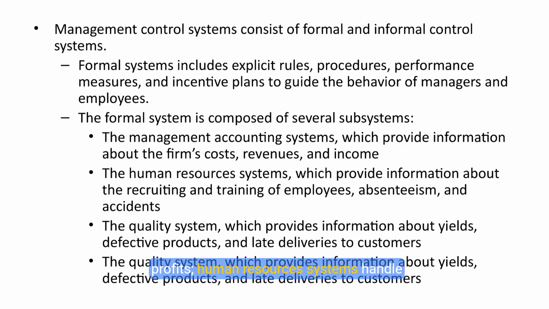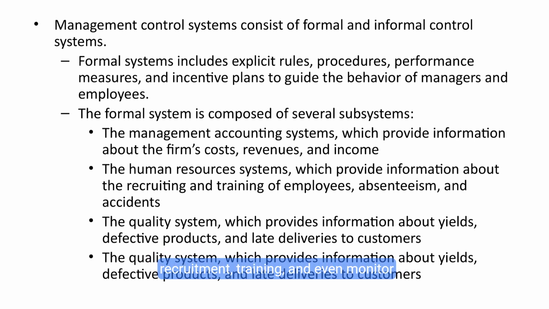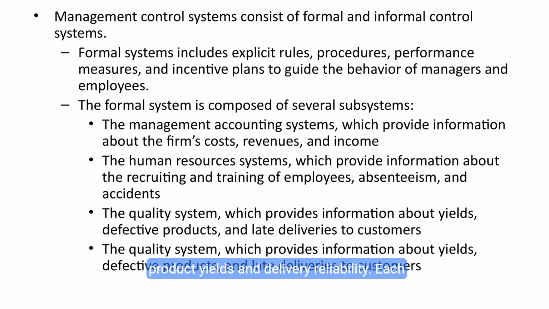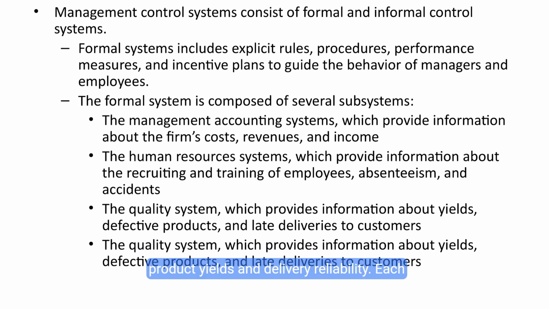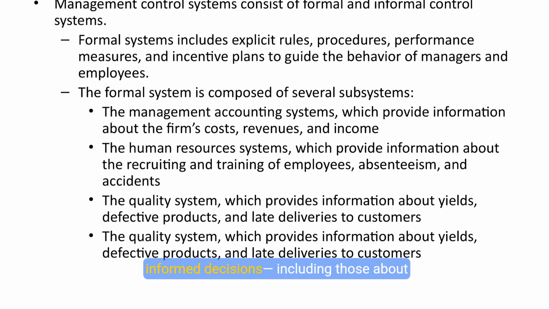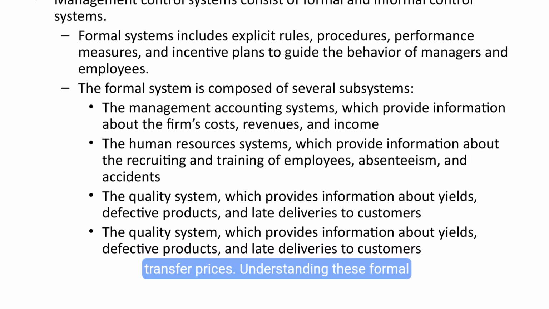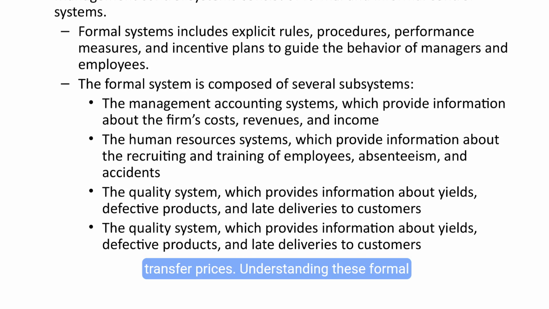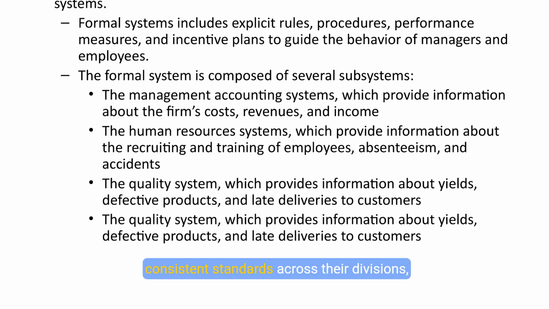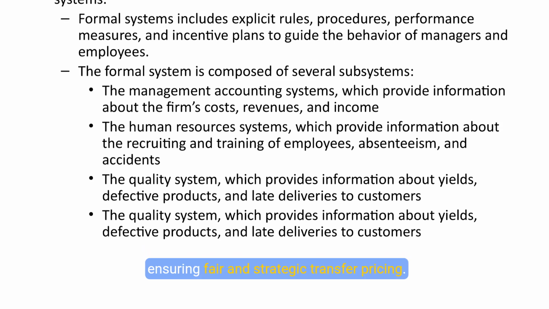Human resources systems handle recruitment, training, and even monitor absenteeism, while quality systems focus on product yields and delivery reliability. Each subsystem generates data crucial for making informed decisions, including those about transfer prices. Understanding these formal controls helps you see how companies create consistent standards across their divisions, ensuring fair and strategic transfer pricing.